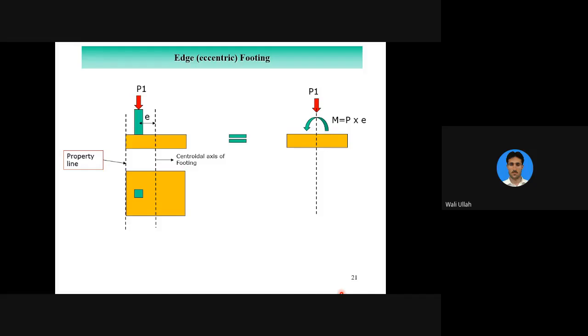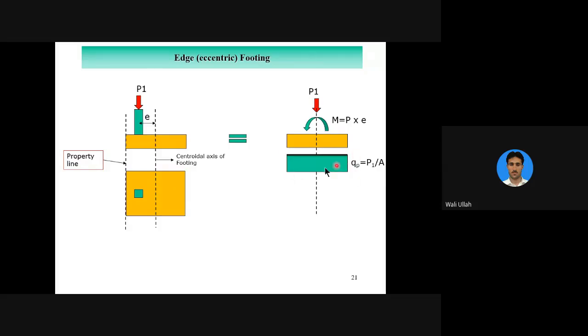A combined stress diagram should be drawn, one for axial load, the other for moment. This is for axial load, P1 by A. They are compressive stresses on the soil.